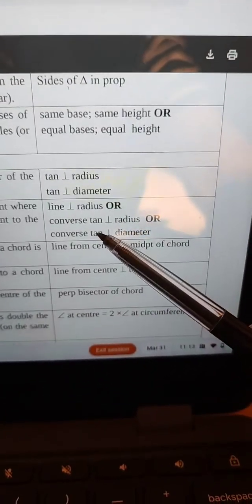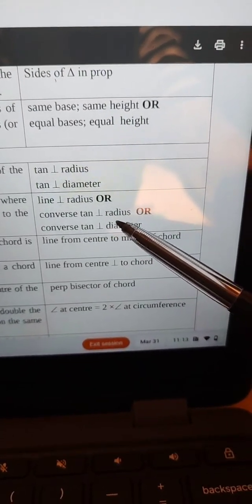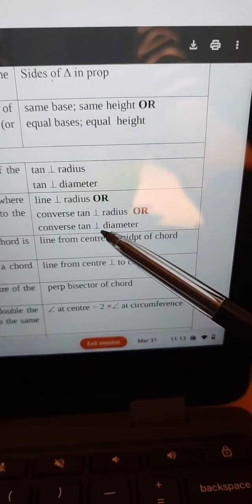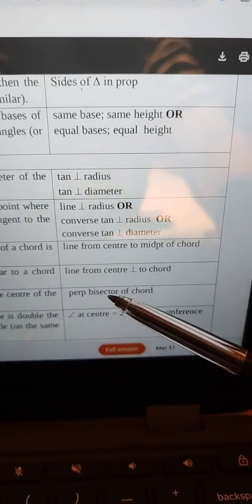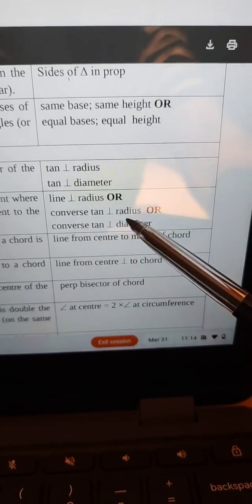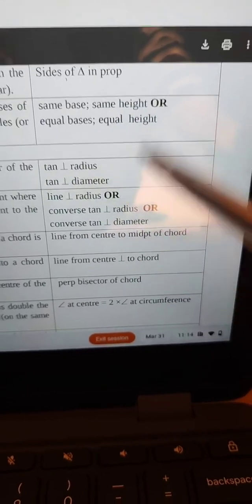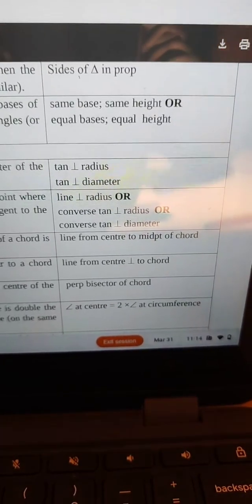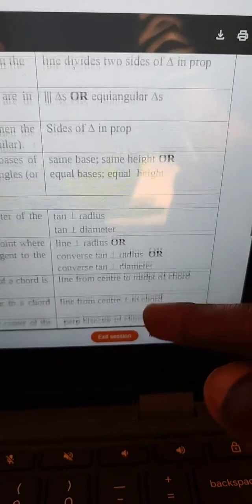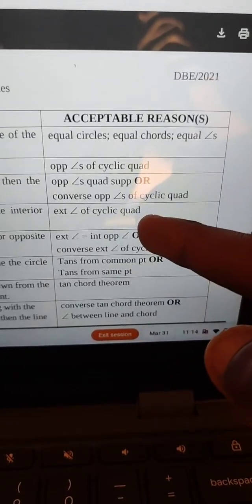So there's converse of tangent perpendicular to radius, or converse of tangent perpendicular to the diameter. One of two. Okay, that's one way.